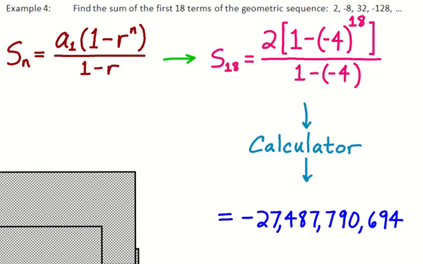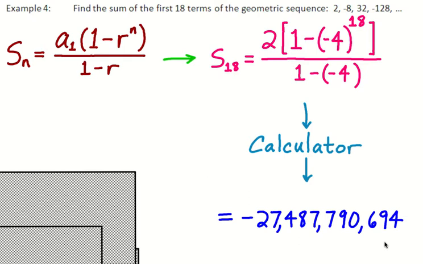So anyway, really quick, I have to say this. Your calculator may very well have said something like negative 2.7487 and so on, times 10 to the 10th power. Or negative 2.7487, E10, like a capital E10.